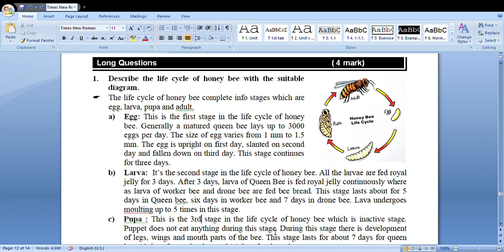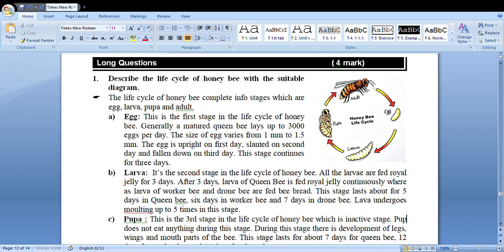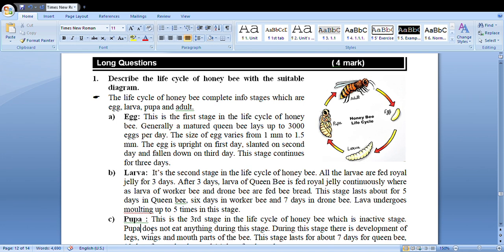Third stage in the life cycle of honeybee, which is inactive or passive stage. Pupa does not eat anything during this stage. During this stage, there is development of legs, wings, and mouth parts of the bee.